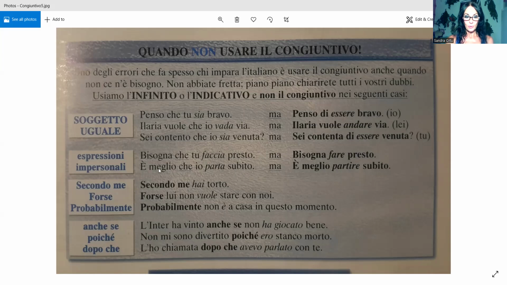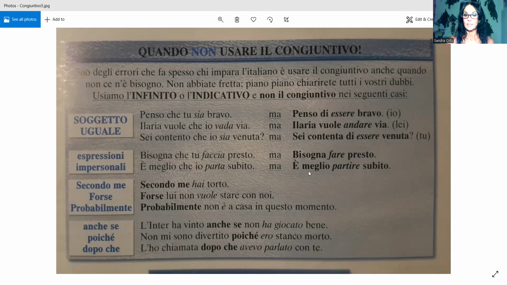Another example with this, è meglio che io parta subito. It is better, literally, that I leave immediately. It is better for me to leave immediately. So here we have an impersonal expression, è meglio, it is better. And we have a subject, it is better for me to leave immediately.